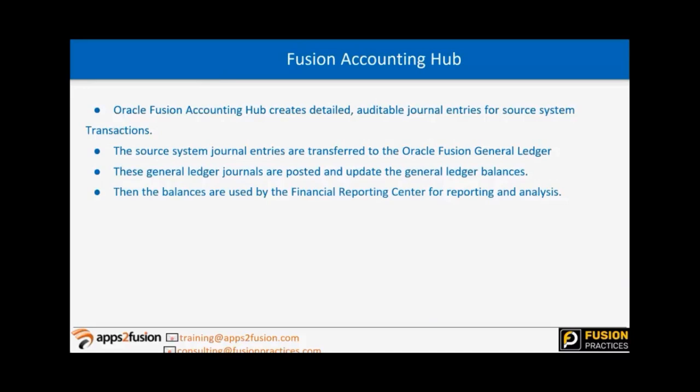So it depends on the business scenario, why we are implementing FAH and how we are leveraging the cloud application. The source system journal entries are transformed into Oracle Fusion GL. Like we created our ledger and entered a manual journal entry, similarly our source systems are going to send some source information. They will not be sending us the actual accounting entry. They will just send some source information.